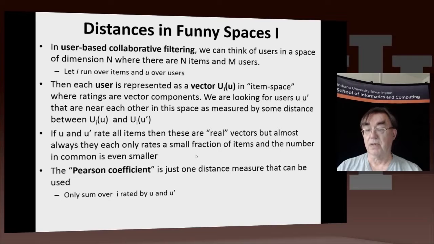We definitely do not. There's a tiny fraction of items, say Amazon items, known to any one user. And in the Pearson coefficient, when you have two users, which are two points in the space, you only look at those items which each user knows about.